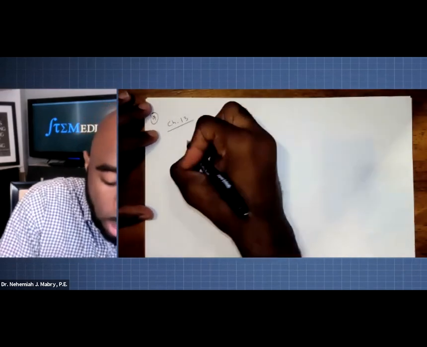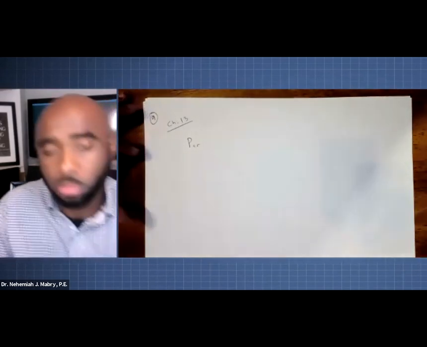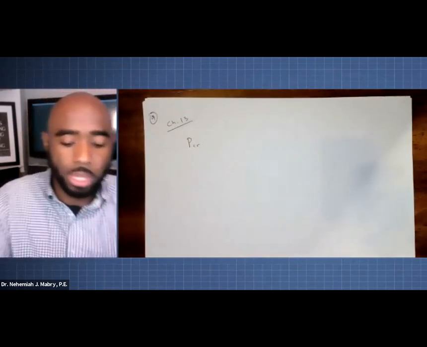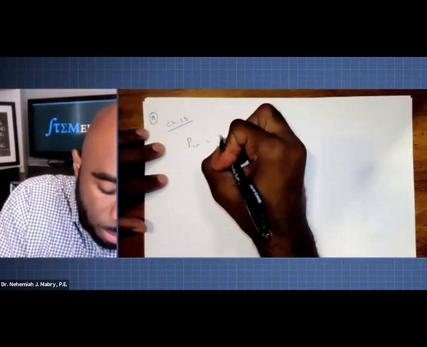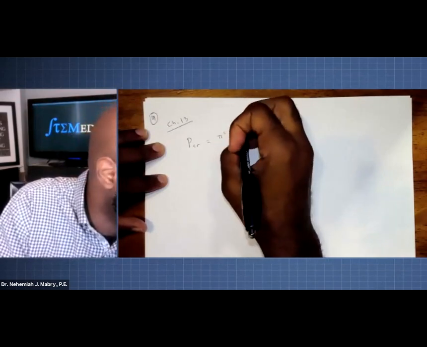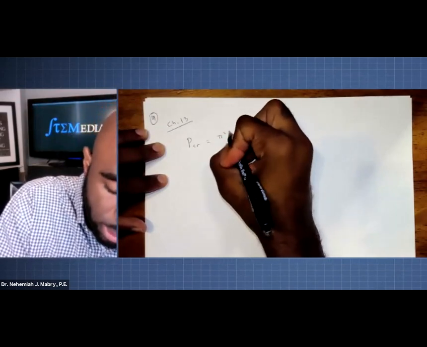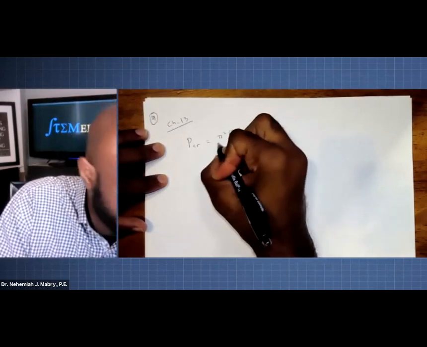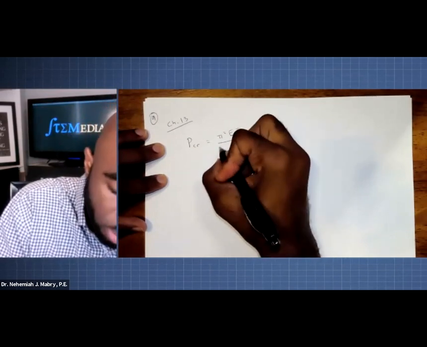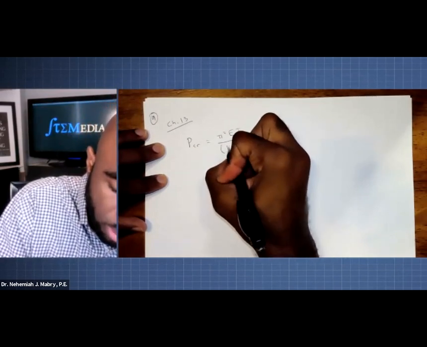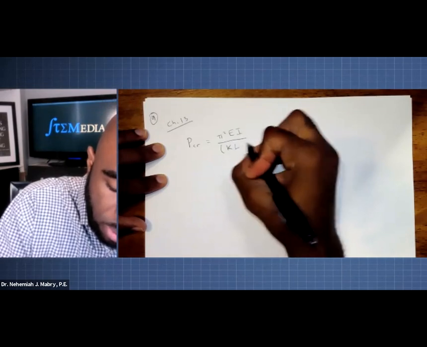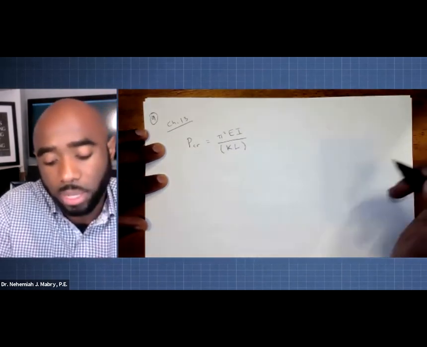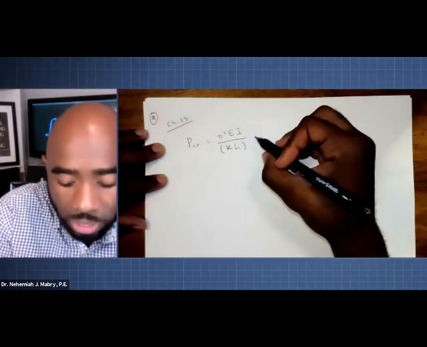What is the buckling load? We call that P critical. P critical has an equation of pi squared EI over KL squared. That's the effective length, right? So you're going to want to find this.